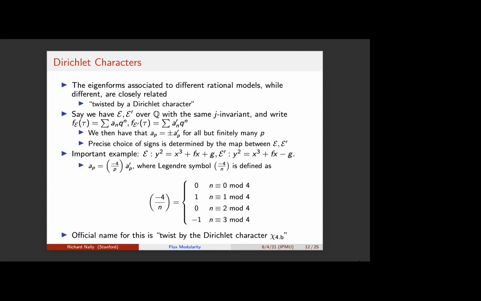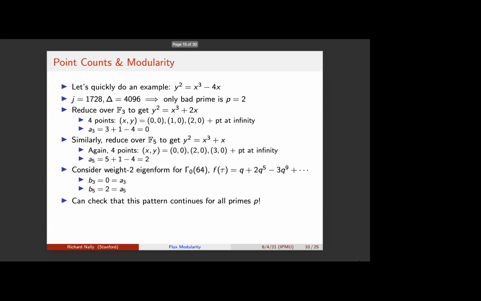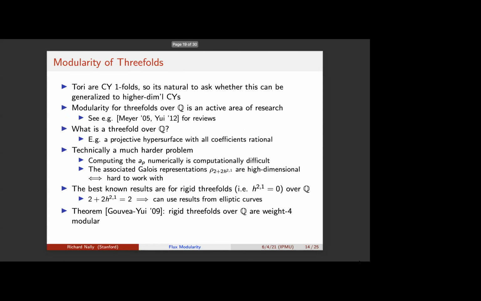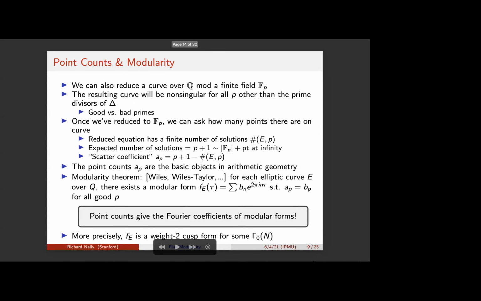So n, the level of the group, is determined in terms of the bad primes of E. It tells you what the bad primes are and how singular it is over each bad p. So n is determined by the bad primes and the badness of the reduction mod each p. And no, E and E prime will in general have different n, different levels.